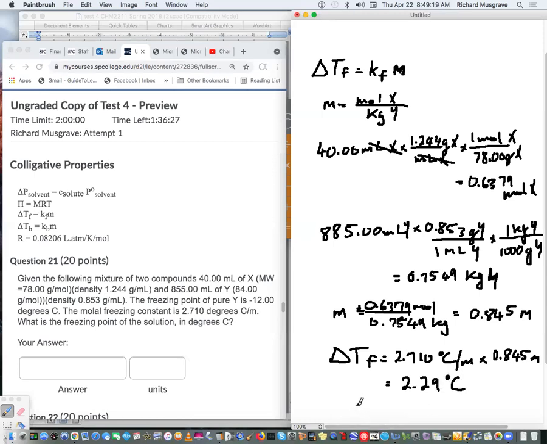Now the new freezing point is going to be minus 12.00 minus 2.29, because it's freezing point depression.